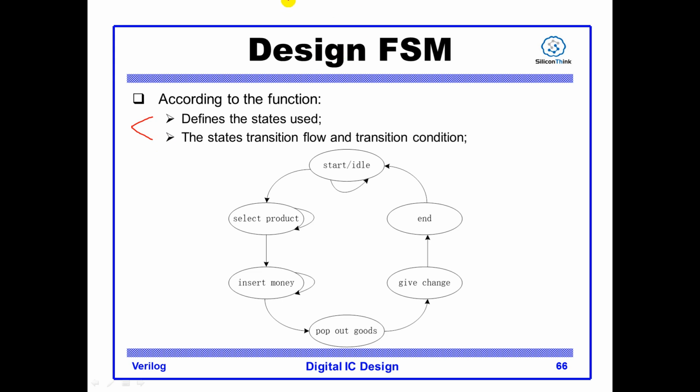For the vending machine case, the states defined here may not be very good. You can add some new states if you need them. For example, if the customer has inserted some money, but finally he finds that he doesn't have enough money to buy those goods, what will he do?